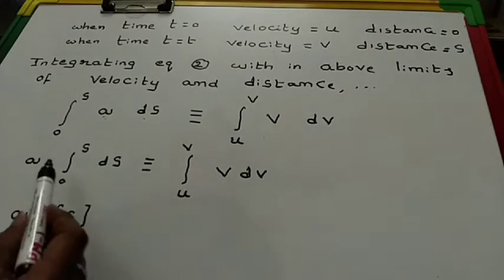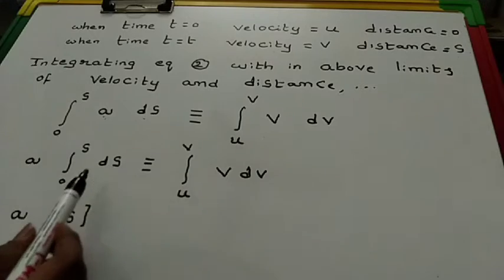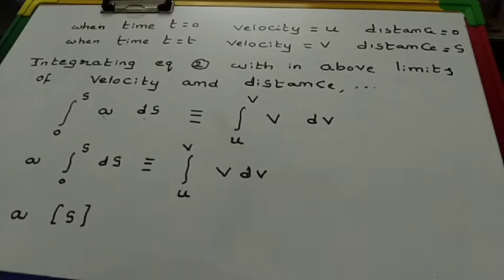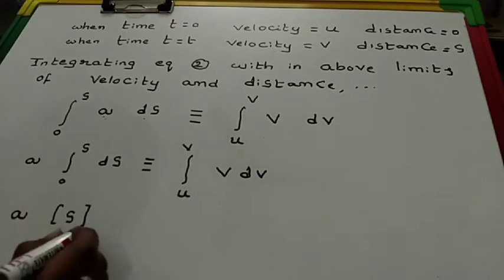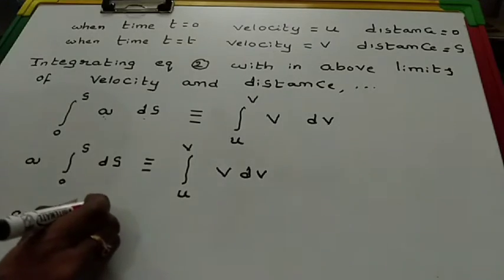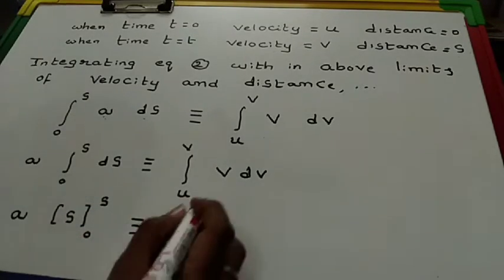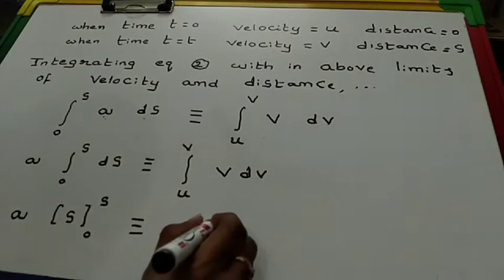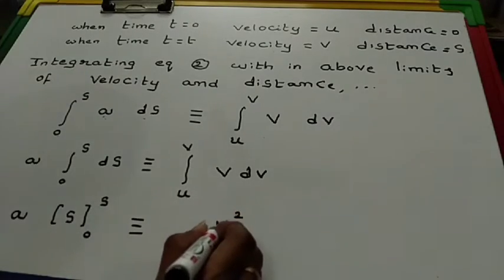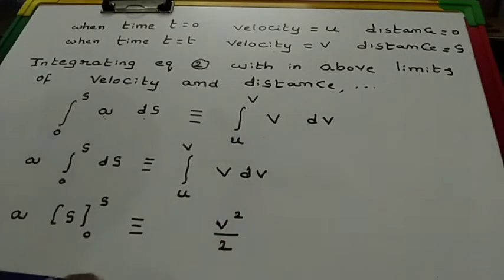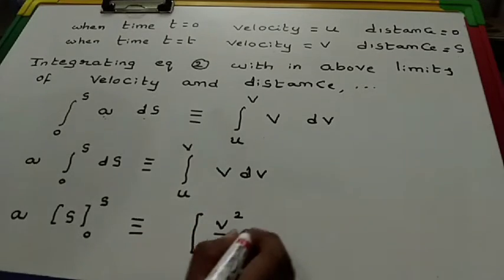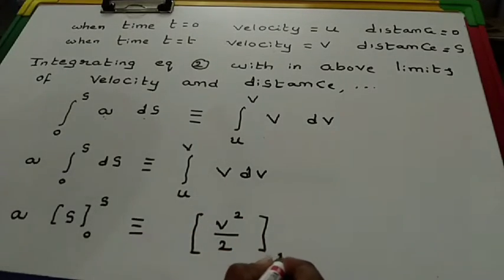What are the limits? 0 and s. That is equal to, what is integral v dv? v square by 2. Now what are the limits? The limits are u and v.